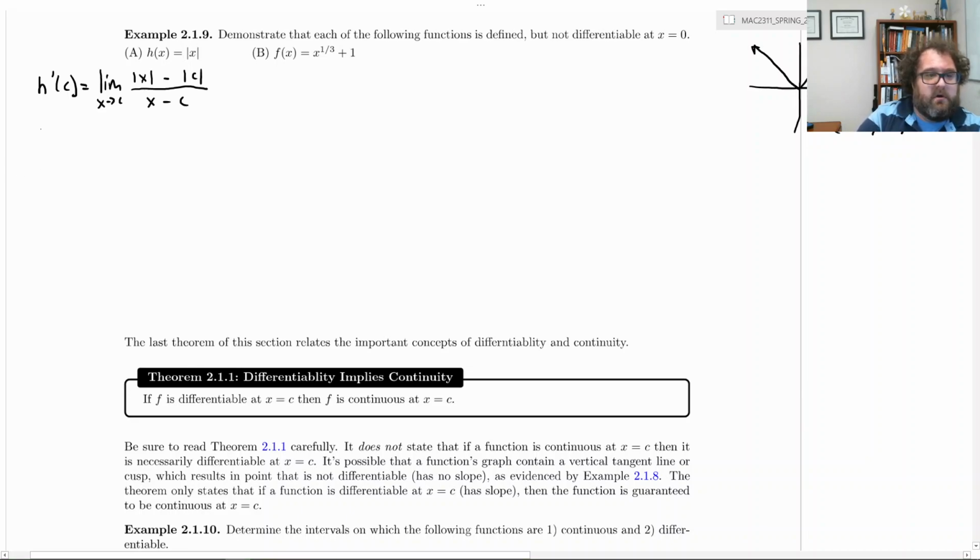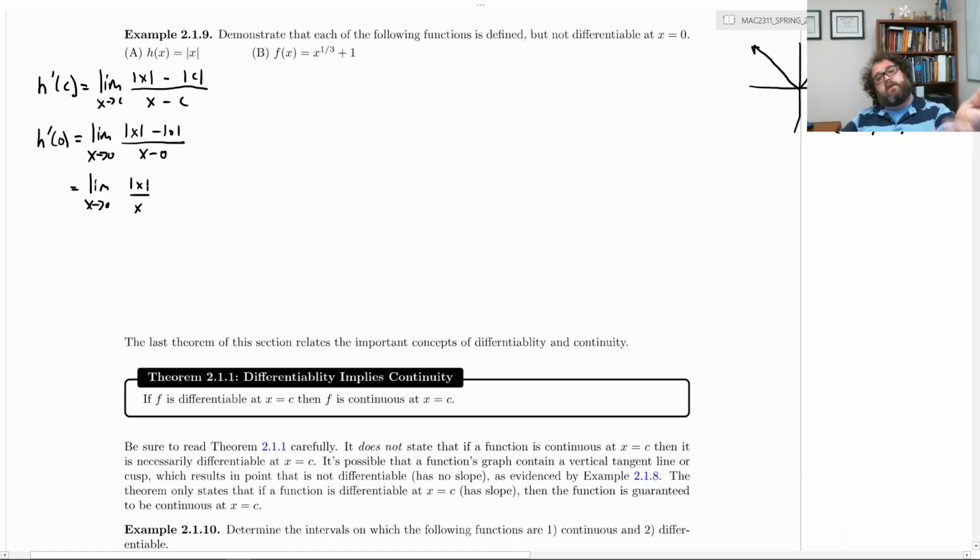Letting c be 0, h prime of 0 equals the limit as x goes to 0 of absolute value of x minus absolute value of 0 over x minus 0, which simplifies to absolute value of x over x, which we worked with, limits just like this, in chapter 2. Do we remember the graph of the situation? The graph looked like this.